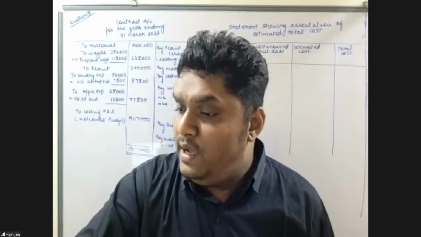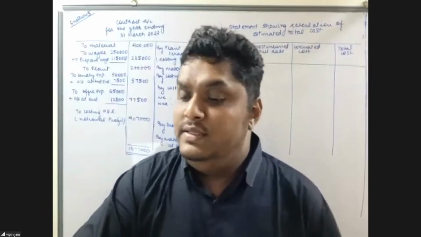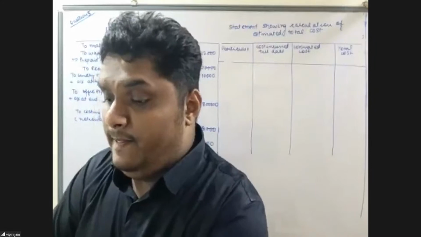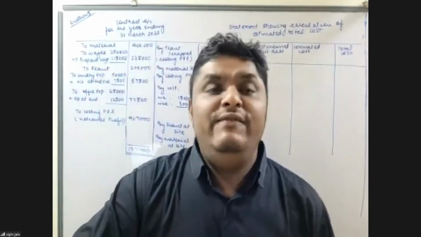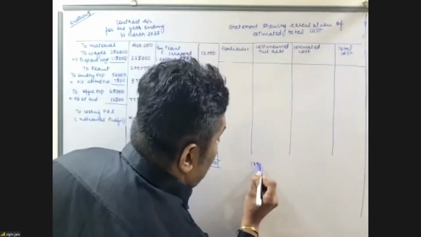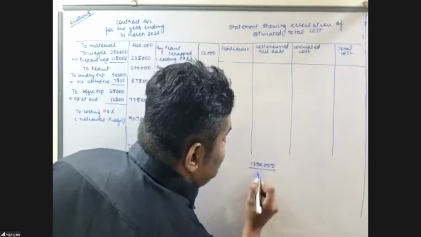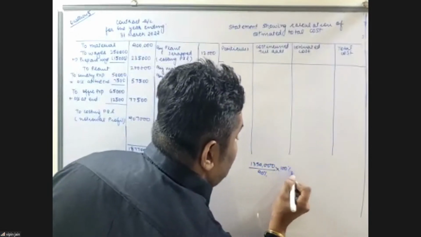Okay, now Malay sir did not understand work certified and work uncertified. See, Malay, it is given in the question that the cash received is 13,50,000. And it represents 90% of the work certified. So how much will be 100%?